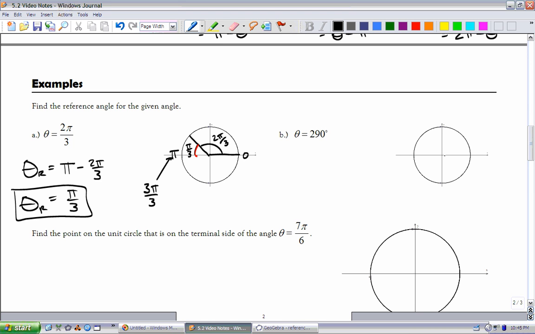Now 290 degrees. 290 is here in the fourth quadrant. Its reference angle will be right here.